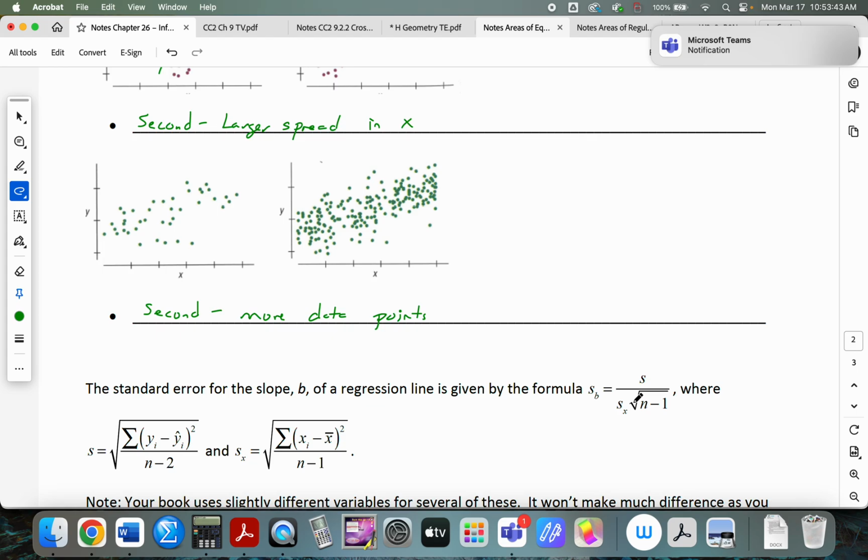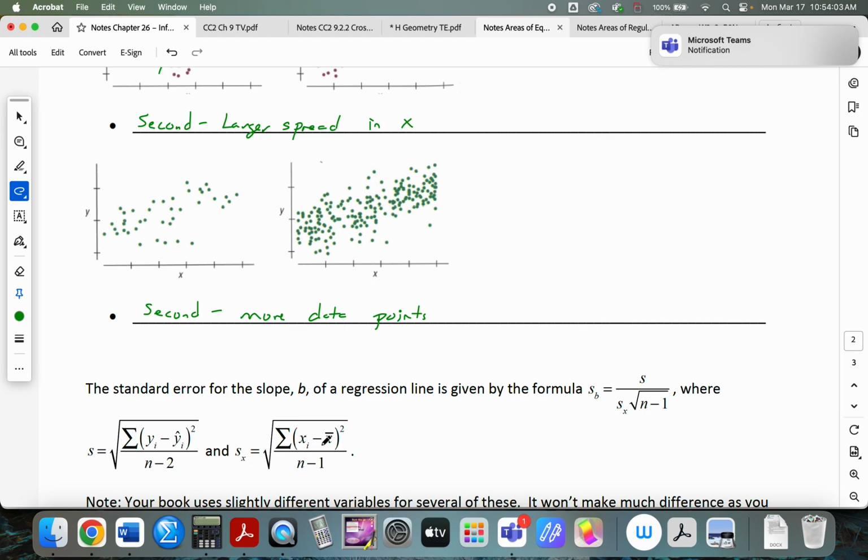Now, notice that s is the standard deviation in Y. This is the standard deviation in X from X bar. So notice these are residuals, right? The difference between those.